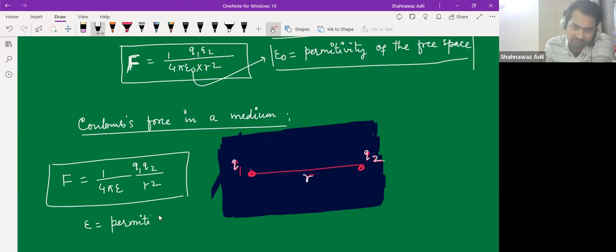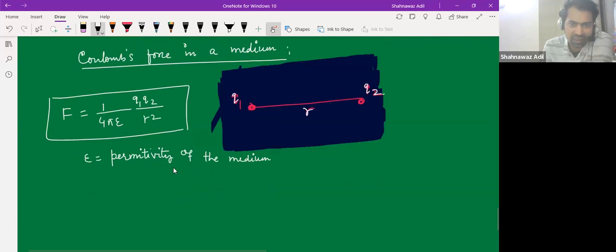And this is related with the dielectric constant. So this E is related with the permittivity of free space by epsilon naught.